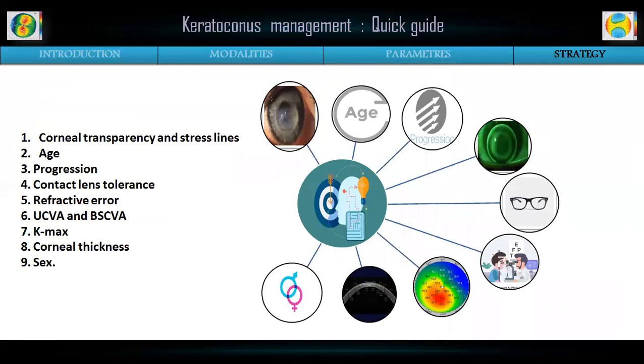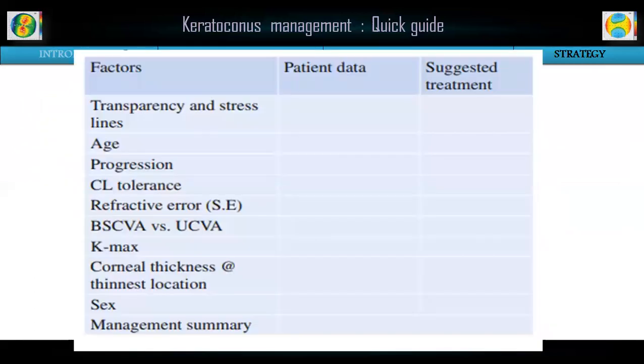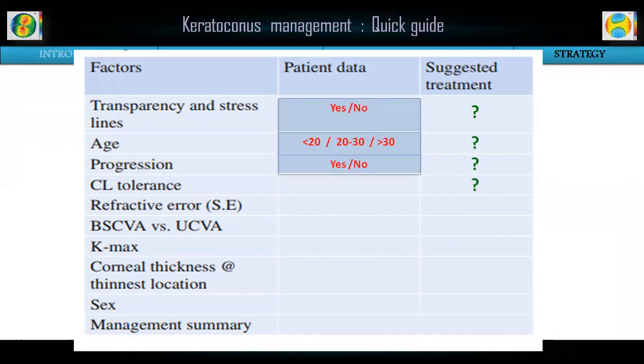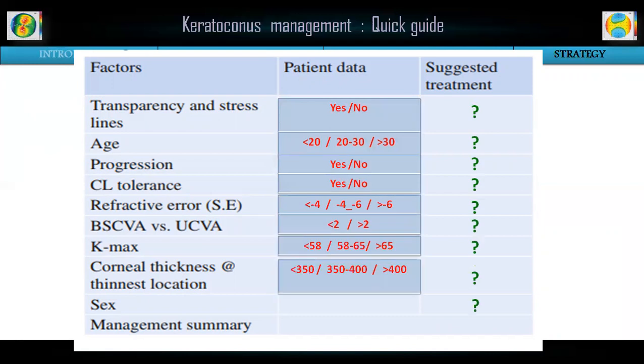These are the parameters that we have seen above, and we put them in a table like this, and we have to answer the question about all of these parameters: transparency and stress lines, yes or no; age, progression; contact lens tolerance, yes or no; refractive errors in spherical equivalent less than -4 or more than -6 or between; difference between the best corrected visual acuity, Kmax, corneal thickness, and sex.